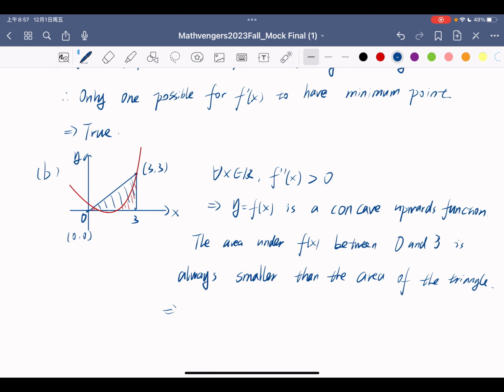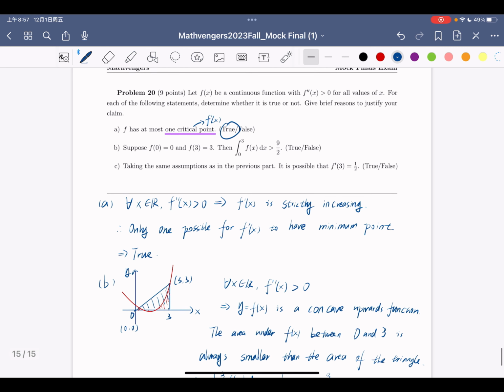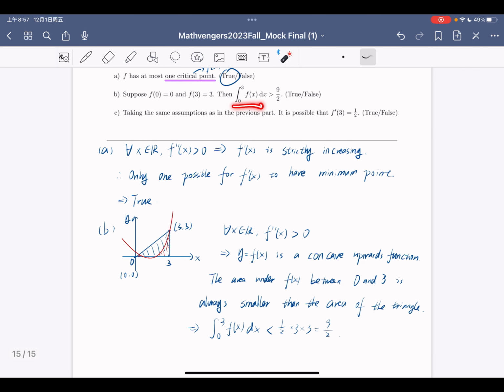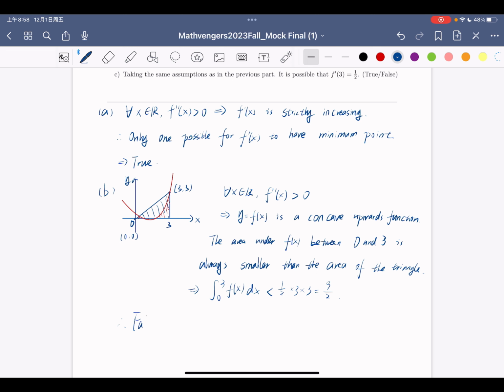So the integral is smaller than 1/2 times 3 times 3, which equals 9/2. But the statement says the integral should be greater than the area of the triangle, so this is false.